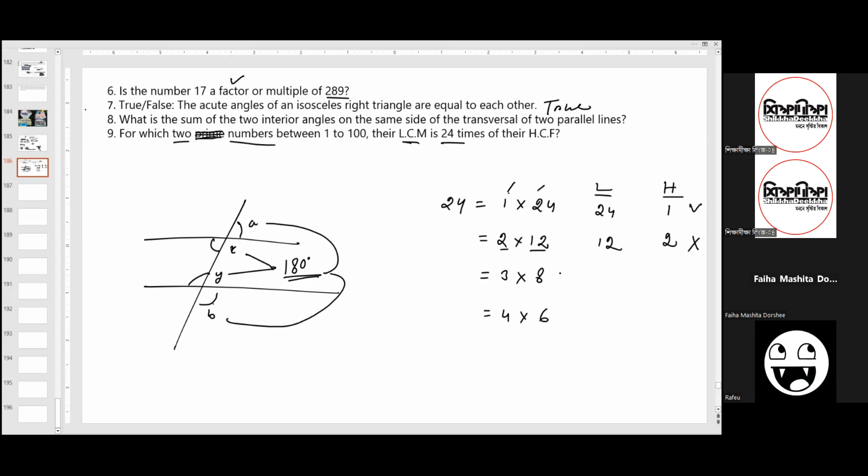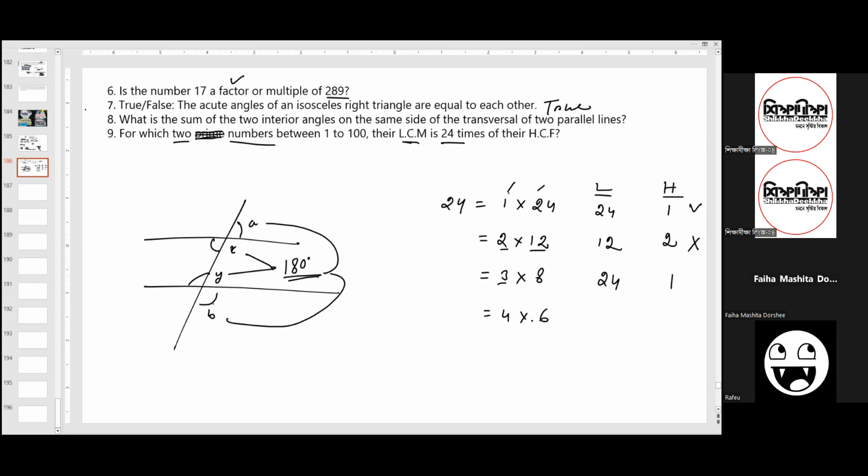Okay, for 3 and 8, the LCM is 24 and the HCF is 1 again. Because one number is a prime number, and the composite number 8 is not divisible by the prime number 3, the LCM must be their product, and the HCF must be 1, right?